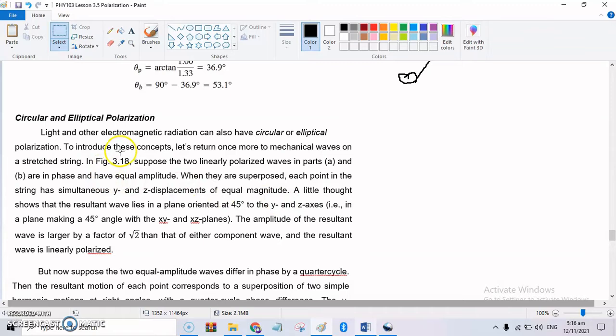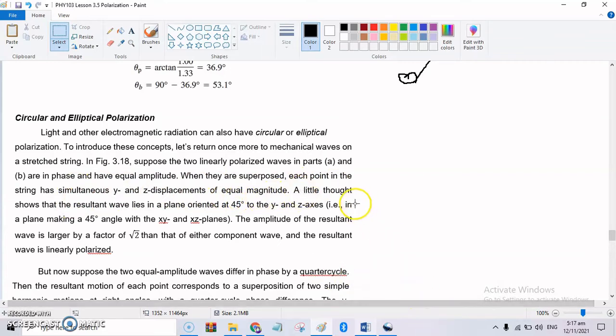Let's continue. Circular and elliptical polarization. Light and other electromagnetic radiation can also have circular or elliptical polarization. To introduce these concepts, let's return once more to mechanical waves on a stretched string. In figure 3.18, suppose that two linearly polarized waves in parts A and B are in phase and have equal amplitude. When they are superposed, each point in the string has simultaneous y and z displacements of equal magnitude.